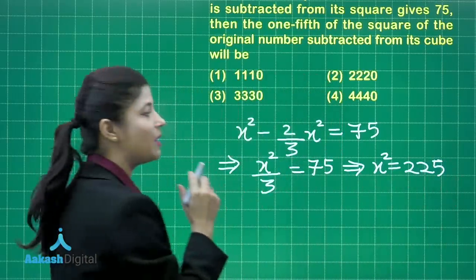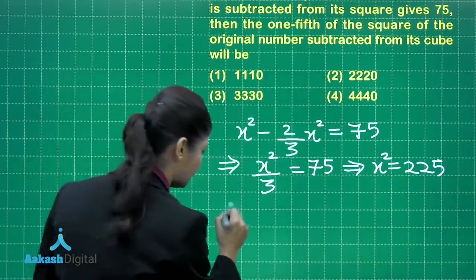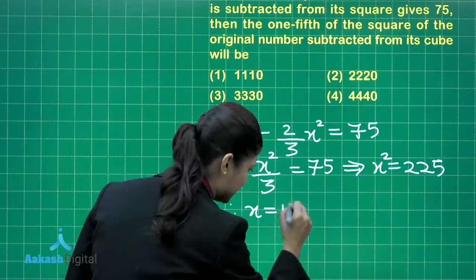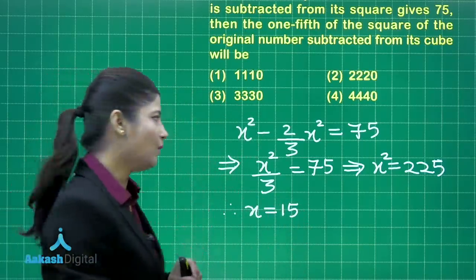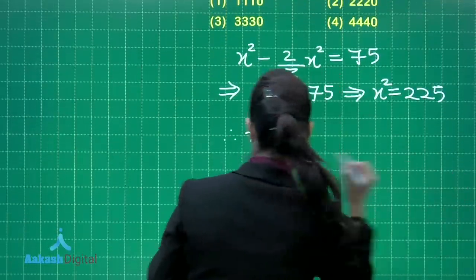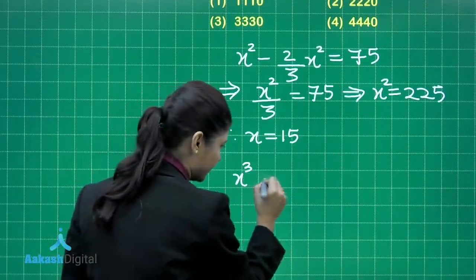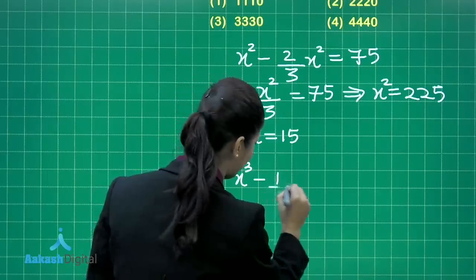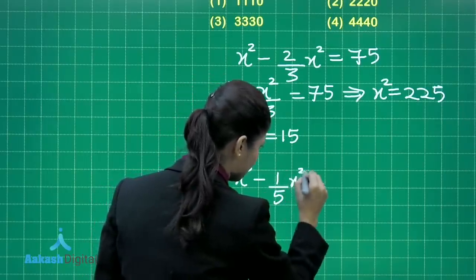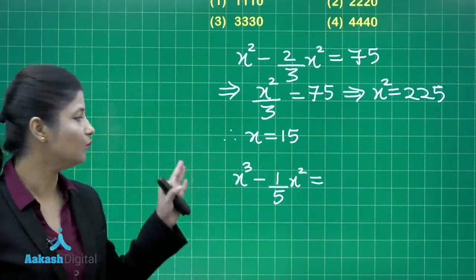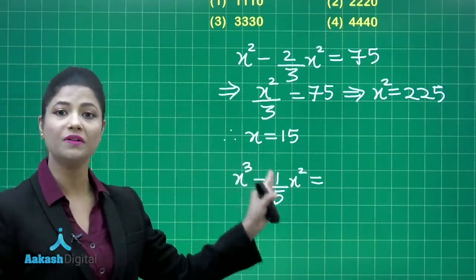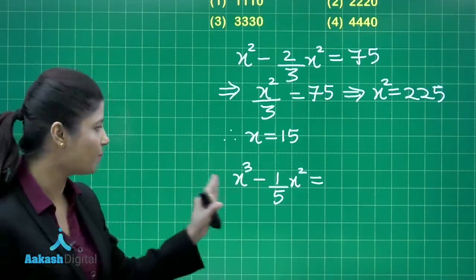So here we are talking about a natural number. We get the value of x equal to 15. So this number is obtained as 15. Now let's obtain the required number, which is obtained on subtracting 1/5 of the square of this number from the cube. You have to subtract 1/5 of the square of this number from the cube.